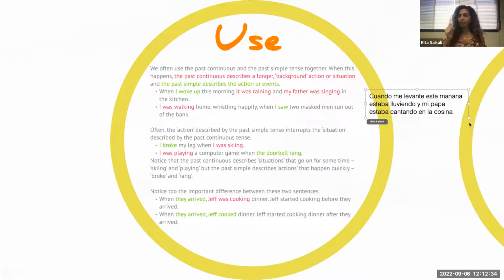It happened and it ended, right? But the ing is almost like continuous, right? So, es más de un momento. Es algo que estaba pasando y sigue pasando cuando algo interrumpió. Cool? Simple?